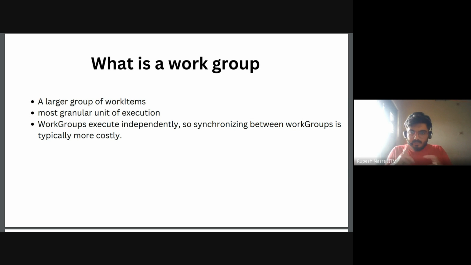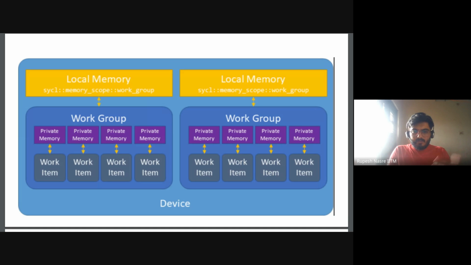I will also show you the image. Suppose this is the work item. Each work item has some private memory, some registers, and so on. The combined work items form a work group, and each work group has its own local memory.